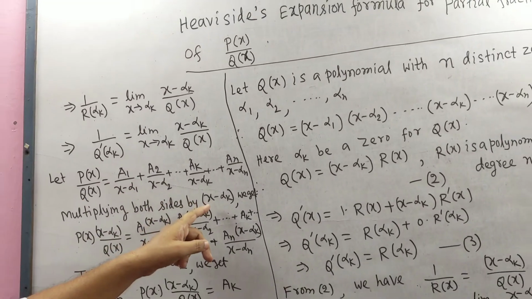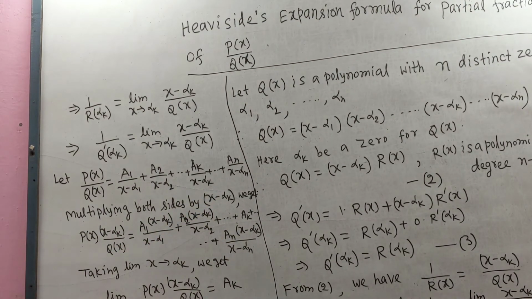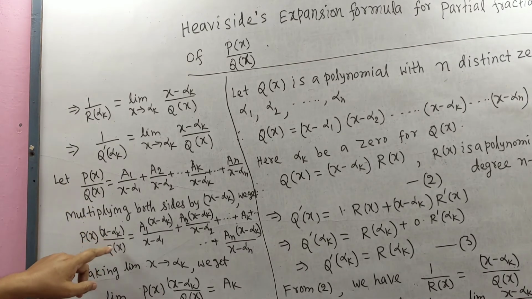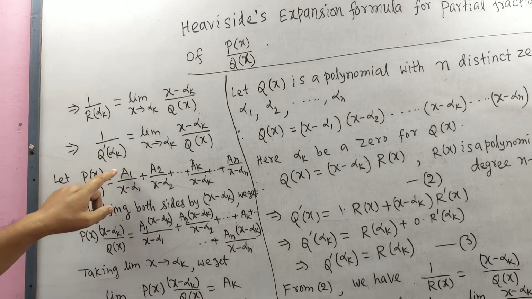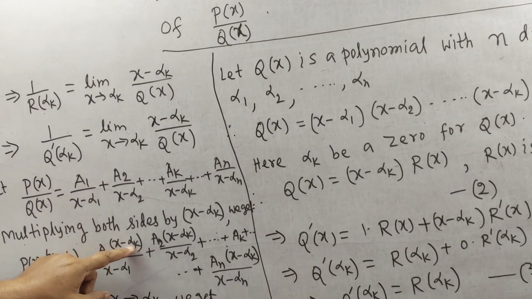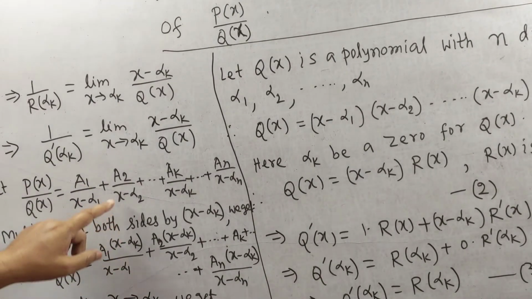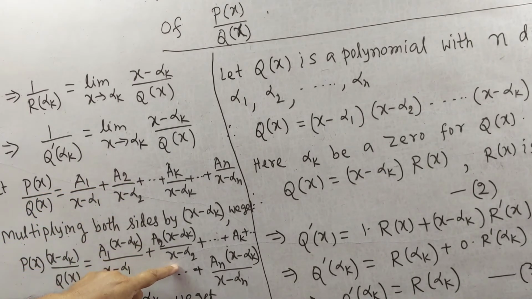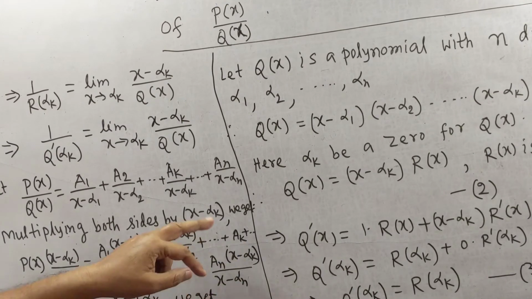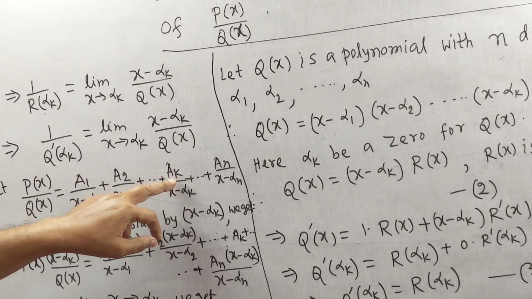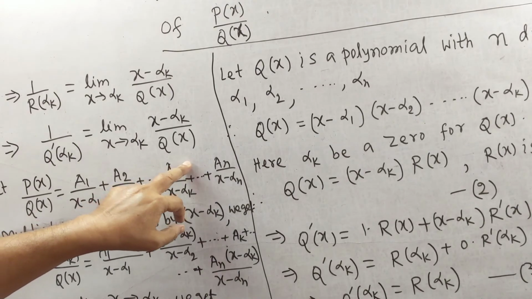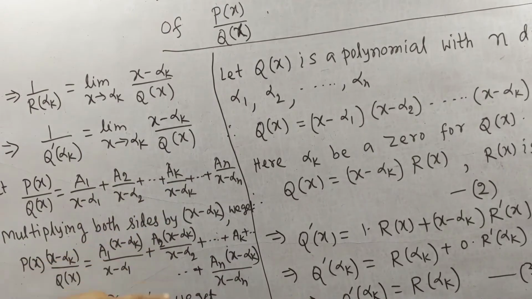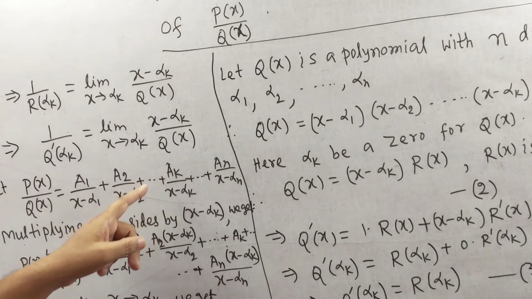Multiplying both sides by x minus alpha k, we get px into x minus alpha k by qx equals a1 into x minus alpha k by x minus alpha 1, a2 into x minus alpha k by x minus alpha 2, and similarly other terms. Here in the term ak multiplied by x minus alpha k, x minus alpha k cancels with each other, so only ak remains.